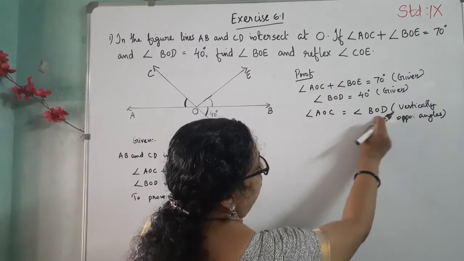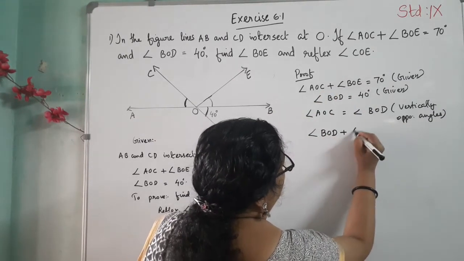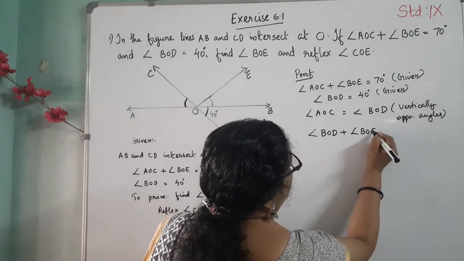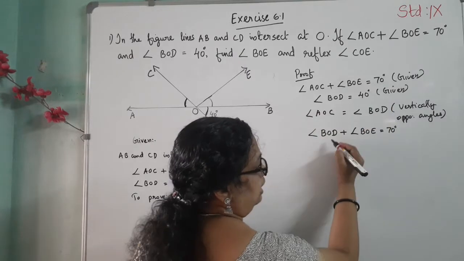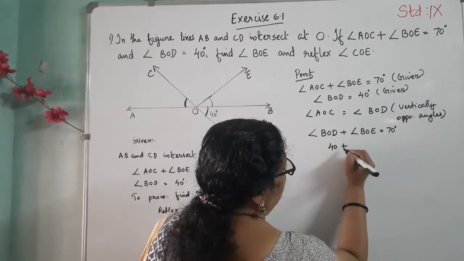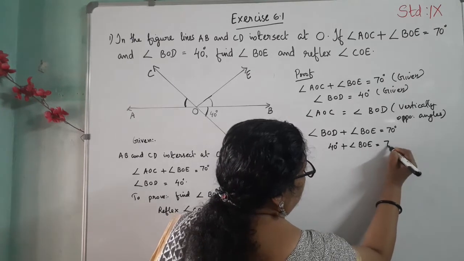Instead of angle AOC we can write angle BOD, so angle BOD plus angle BOE equals 70 degrees. Angle BOD is 40 degrees, it is given. So 40 degrees plus angle BOE equals 70 degrees.